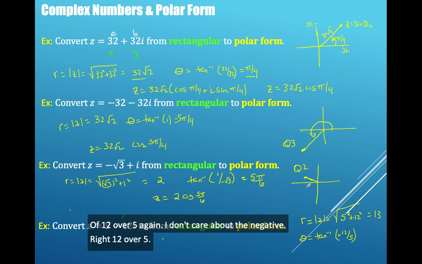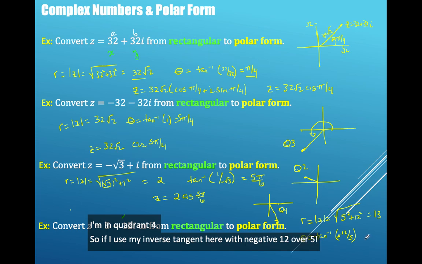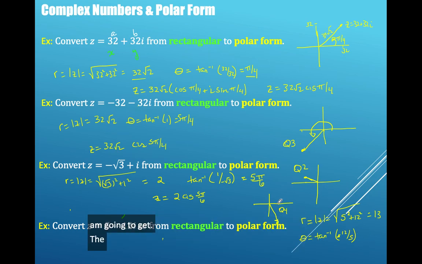Okay, use it or don't, but plot it. Plot the point. Where am I at, 5, negative 12? I'm in quadrant 4. So if I use my inverse tangent here with negative 12 over 5, I am going to get the right angle, but it's going to be negative, right?